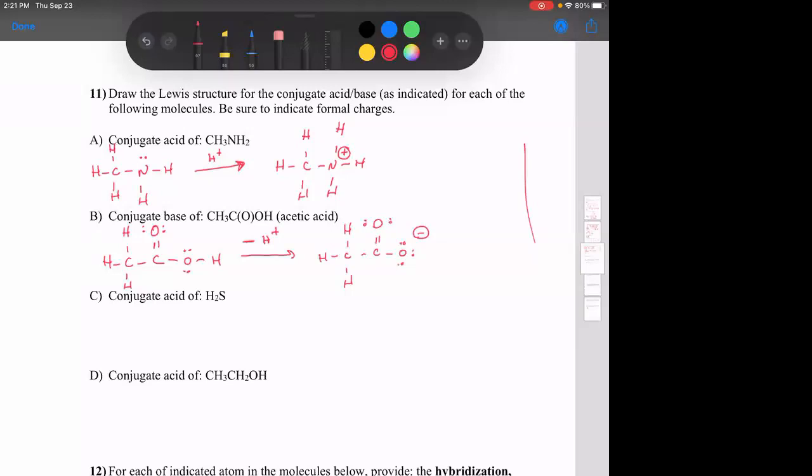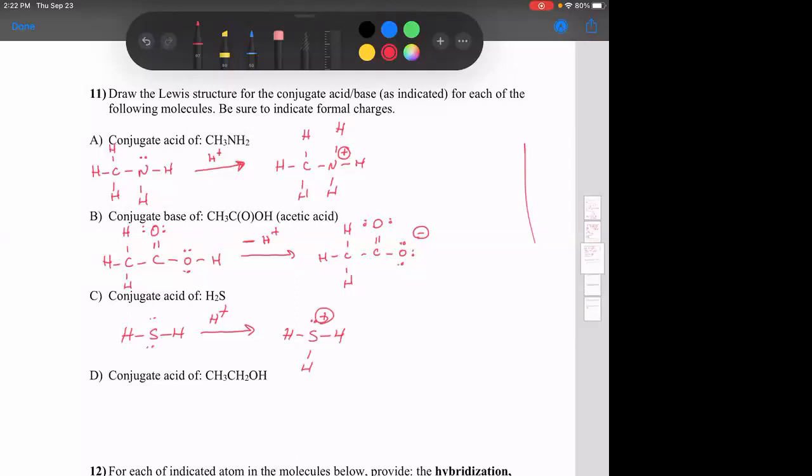Conjugate acid of H2S. There's the Lewis structure of H2S. Sulfur is a group 16 element like oxygen, so it can make two bonds and has two lone pairs. Since we're drawing the conjugate acid, we need to add a hydrogen to it. And there we go.